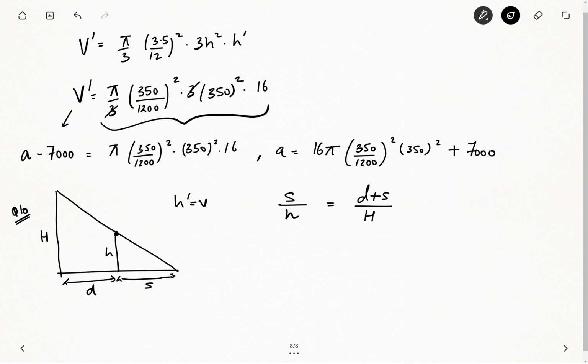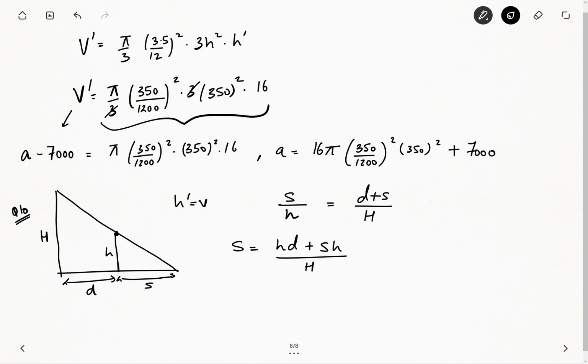From there, you can isolate for your expression of s. That happens to be h times (d plus s) times h over capital H. So you still have to isolate for s. We'll just move stuff over and figure it out that way.